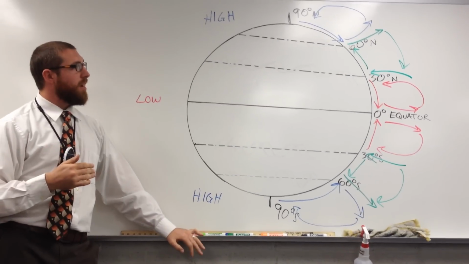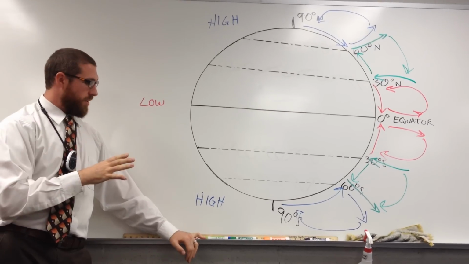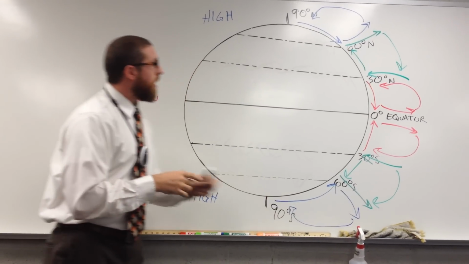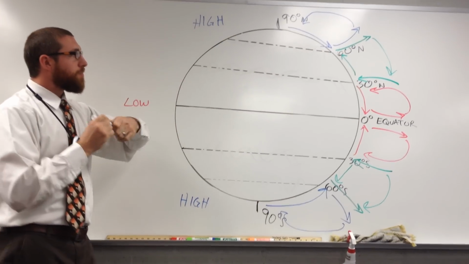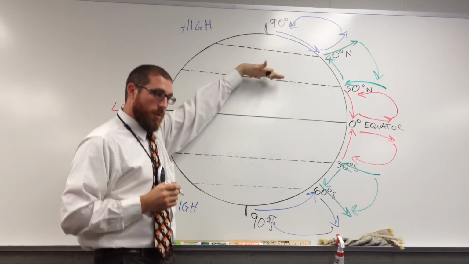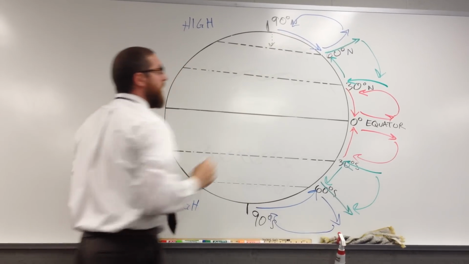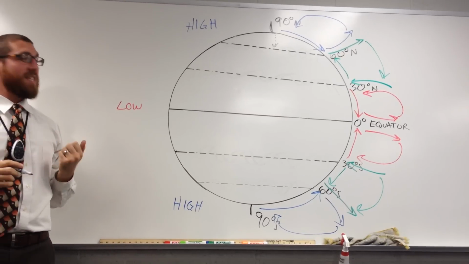Now, what ends up happening then is we get distinct patterns of wind. Okay? Let's talk about the north first. Up here, our winds blow from the north southward, correct? But they're supposed to go straight south.